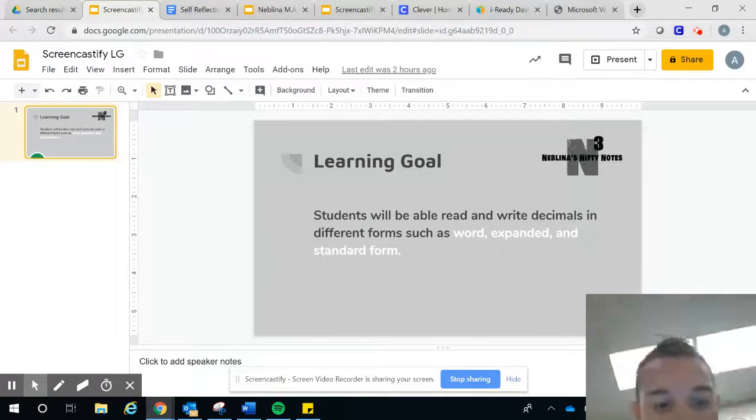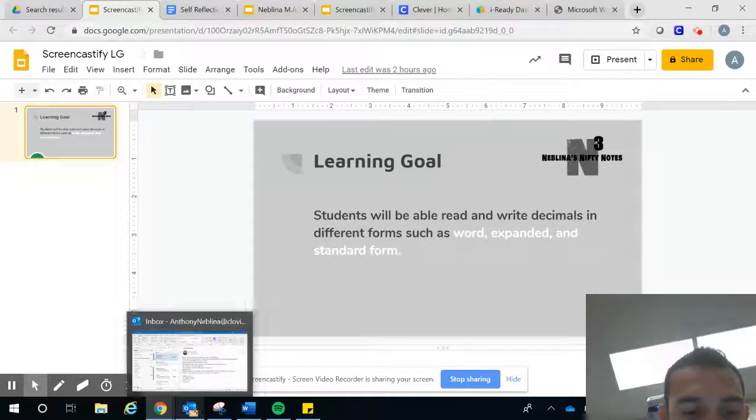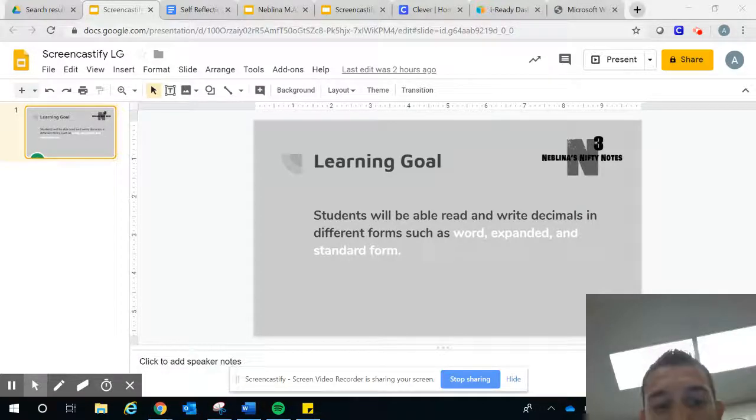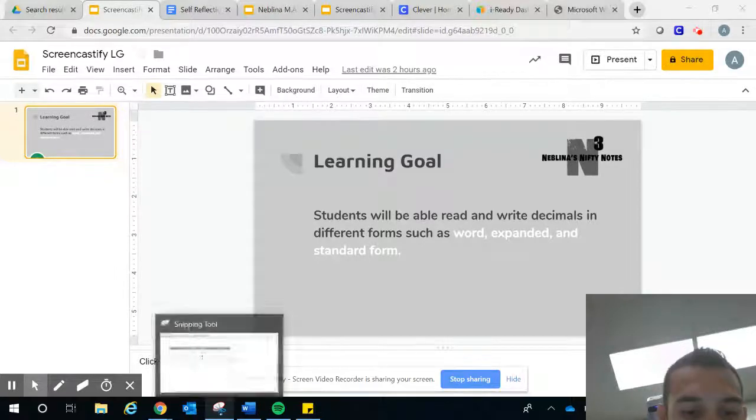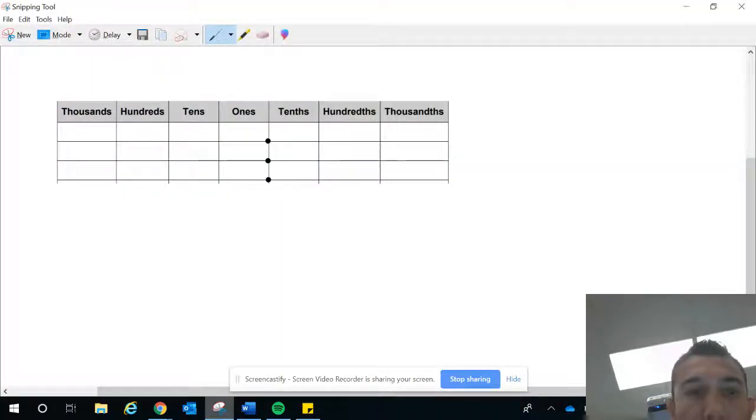One thing that we've been doing is working on decimals, right? And we use a place value chart. I've got a place value chart here to help us.